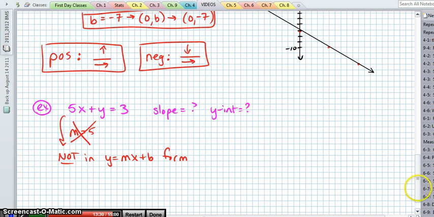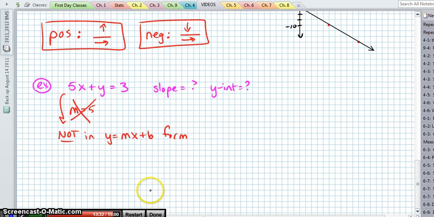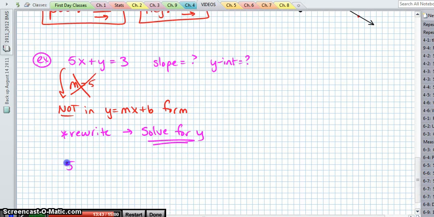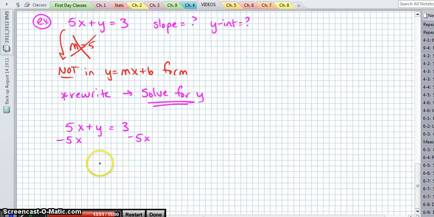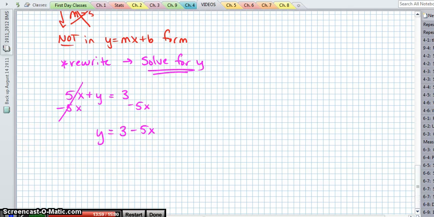In order to answer those questions, we need to rewrite this equation. And basically, to rewrite it, we need to solve for y. So let's do that now. 5x plus y. I want to get y alone. How can I get y alone? I can subtract 5x. That gives me y equals 3 minus 5x. 3 and 5x are not like terms.